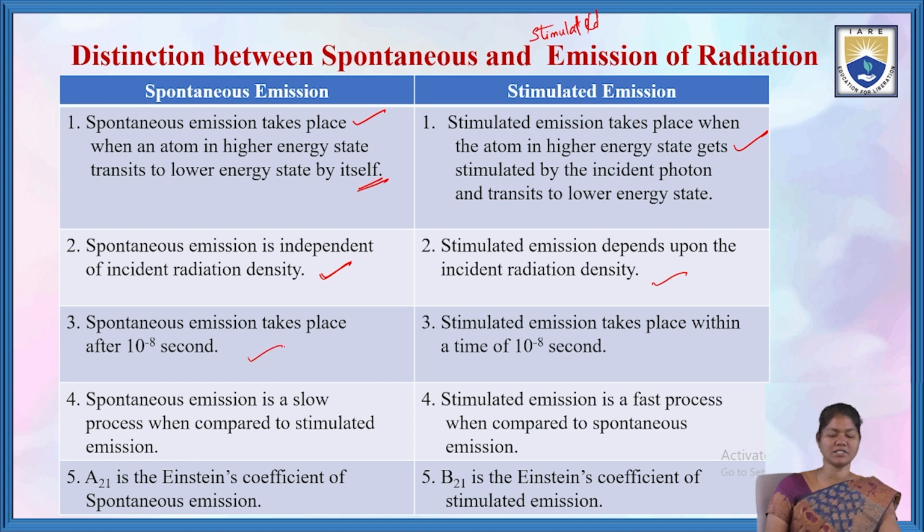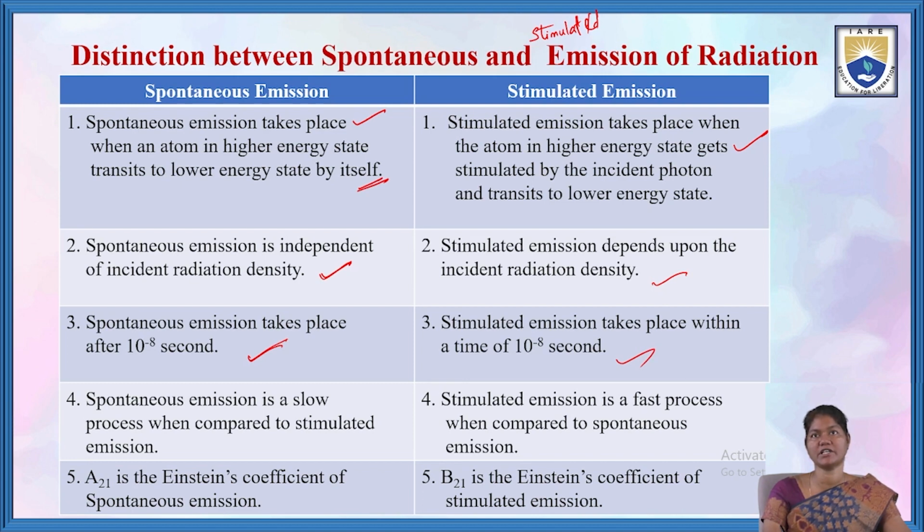Whereas in spontaneous emission, the atom transits to lower energy state after the lifetime. So spontaneous emission takes place after 10 power minus 8 seconds. Stimulated emission takes place within a time of 10 power minus 8 seconds, that is, less than 10 power minus 8 seconds.